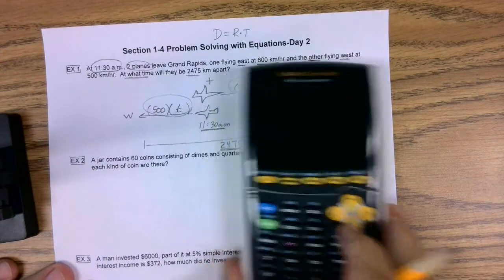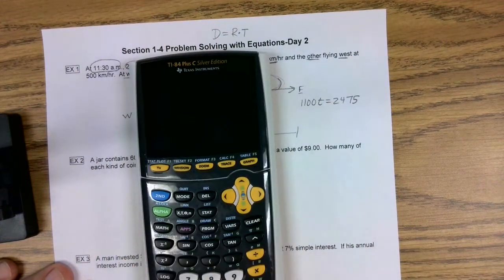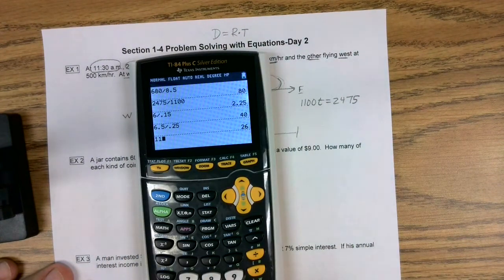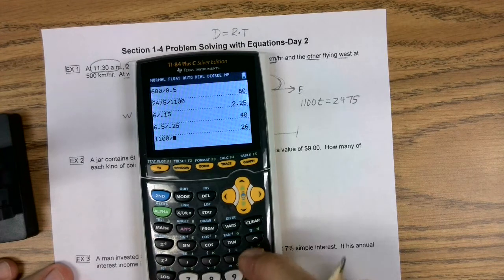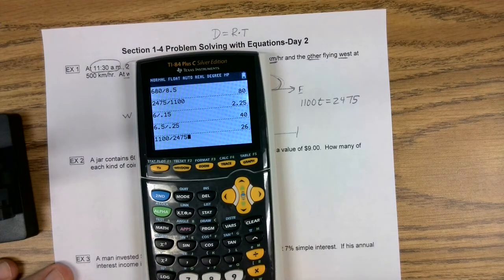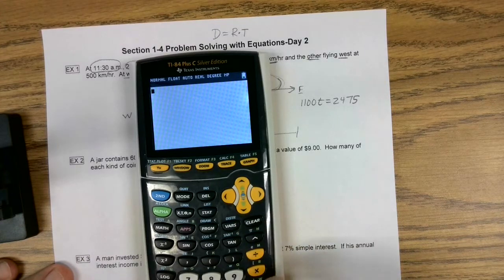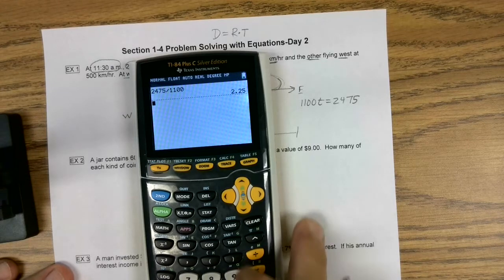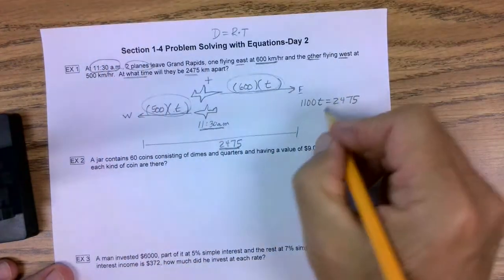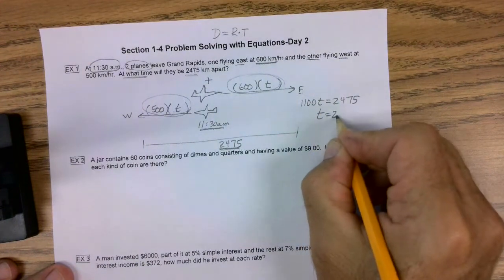So what I would do is take my calculator, handy dandy calculator, 2,475 divided by 1,100. That's 2.25. All right. So T equals 2.25.